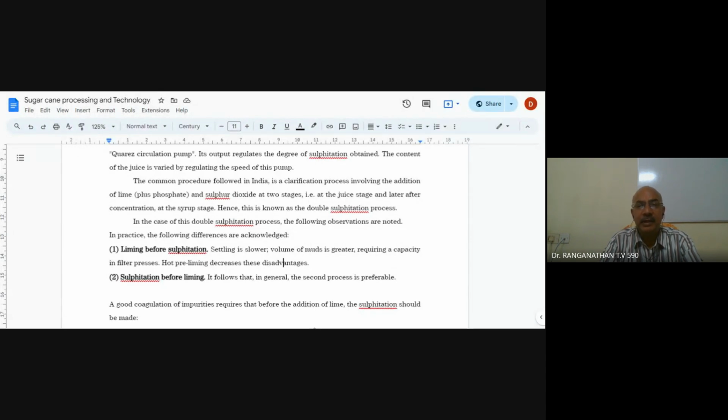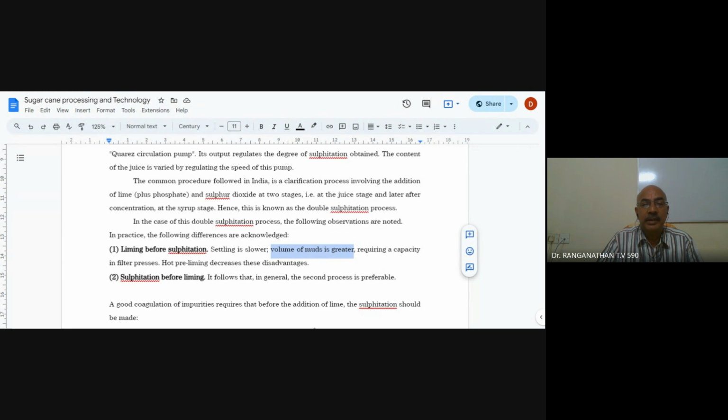You get a different type of complex, and it becomes very jelly sort of. So settling is lower and the volume of mud is greater. What do you mean by volume of mud? Whatever settles. Why is it greater? It serves to occlude some of the sugars that are present in the juice.